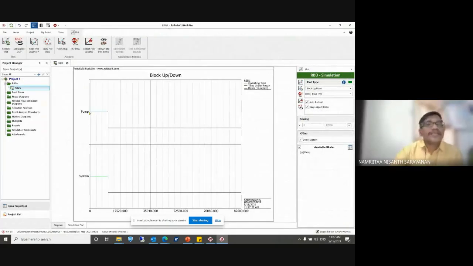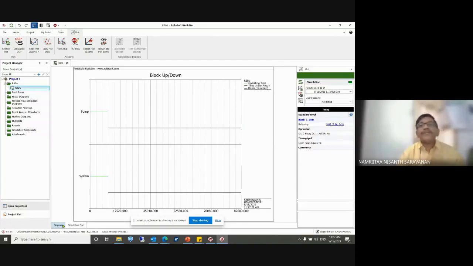It keeps on running, keeps on running. At the end of, let's say, 10,372 hours, the pump has failed, but nobody comes for repair of the pump. That is the reason the reliability of the pump becomes directly the availability of the pump.